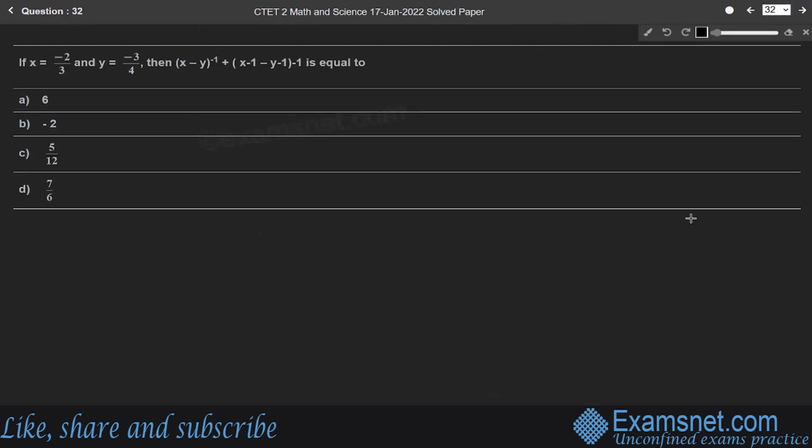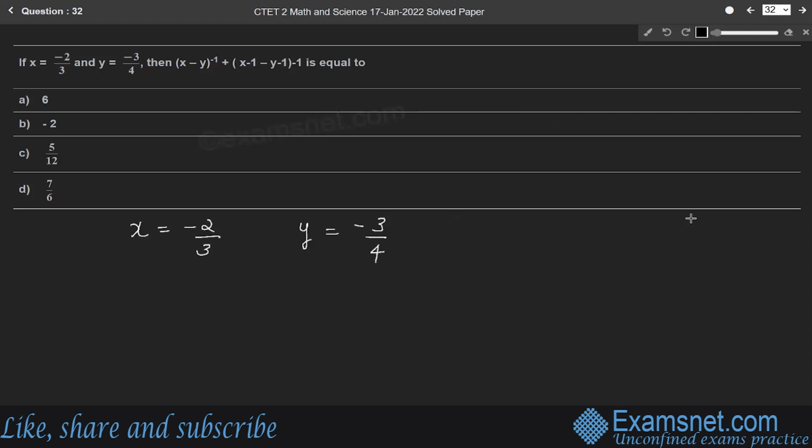Question 32. If x is equal to minus 2 by 3, y is minus 3 by 4, then (x minus y) to the power of minus 1 plus (x to the power of minus 1 minus y to the power of minus 1) to the power of minus 1 is equal to. So, given x is minus 2 by 3, y is minus 3 by 4, right?